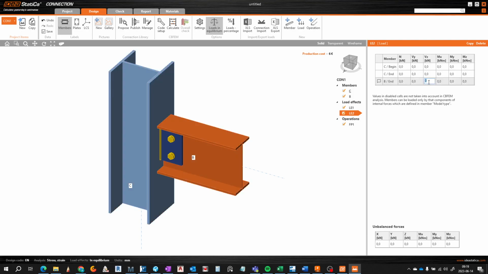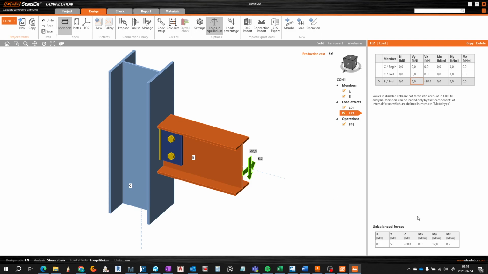We put, for example, 80 kilonewtons, and in the other direction, minus 80, perhaps a little horizontal force, right.